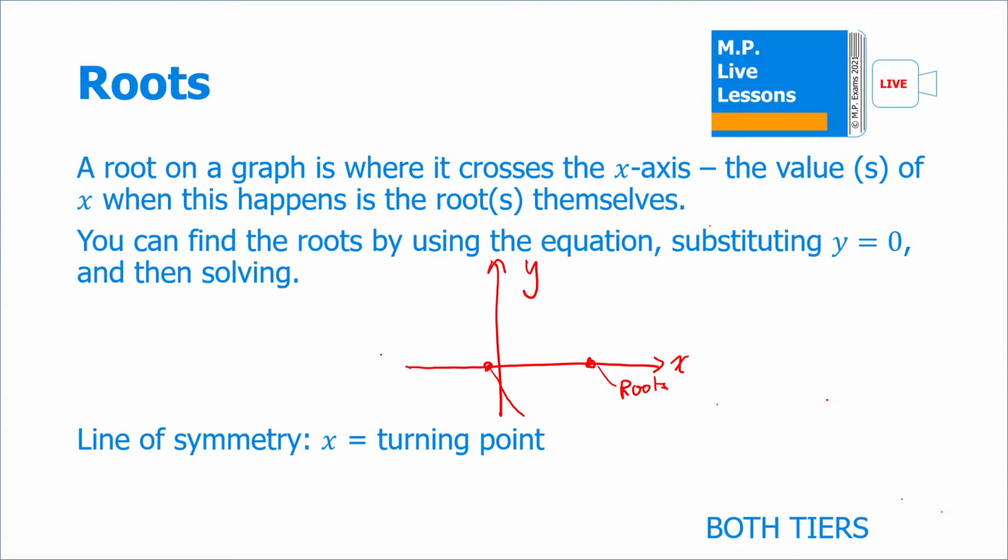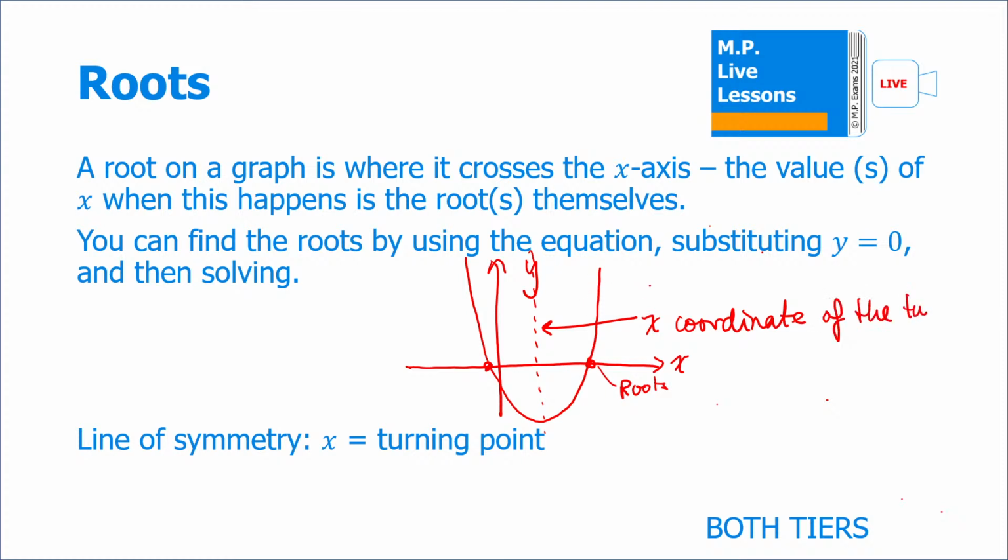So if I just sketch this again, what you notice is, if you find the average between the roots, if you add them together and divide by 2, they form a line of symmetry, and this is the x-coordinate of the turning point. And this can be found by adding the roots together and dividing by 2.